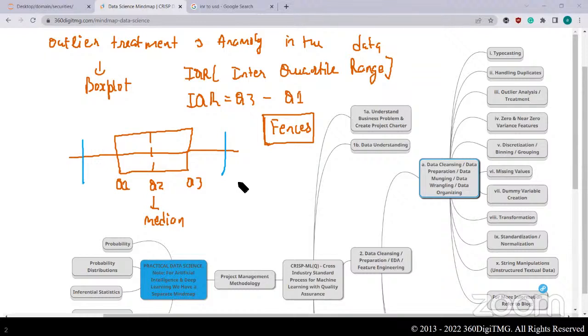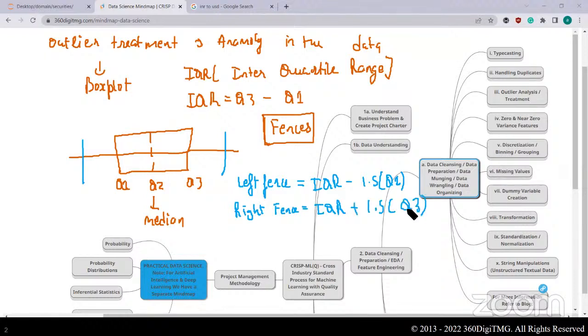This is drawn as Q1 minus 1.5 times IQR. Similarly, you have the right fence. The right fence is written as Q3 plus 1.5 times IQR.